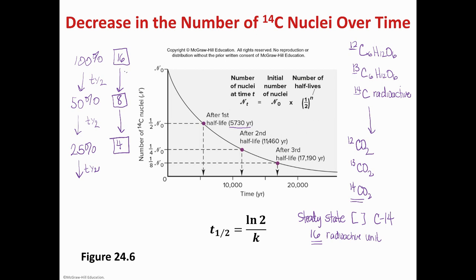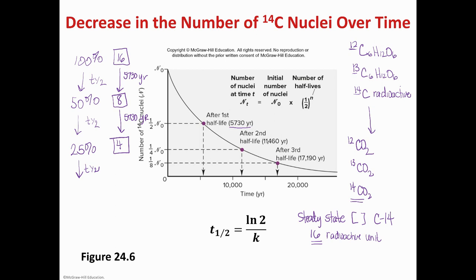So let's imagine that we find a bone of an animal and we measure how much carbon-14 is in that bone. Then we'll be able to figure out when that animal died.